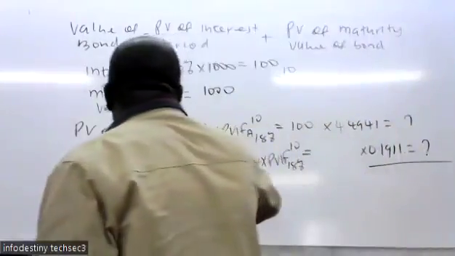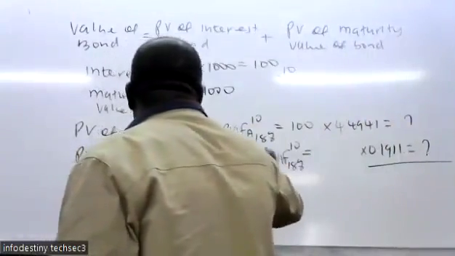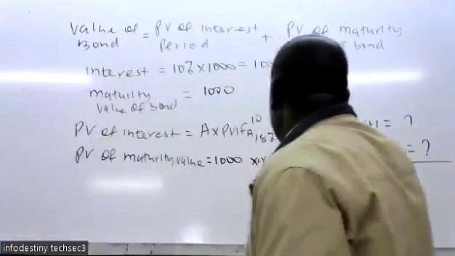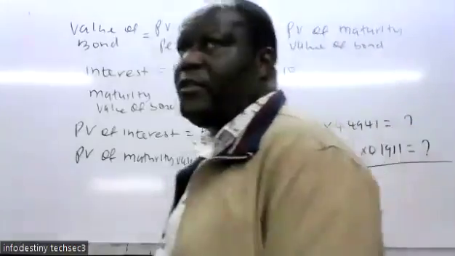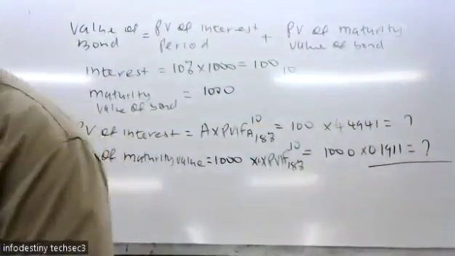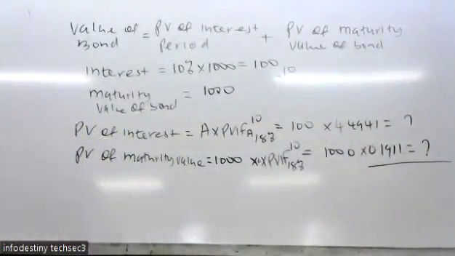So this one becomes 1,000. Also this becomes 1,000. So the rest have not changed. So now get that value of the bond.